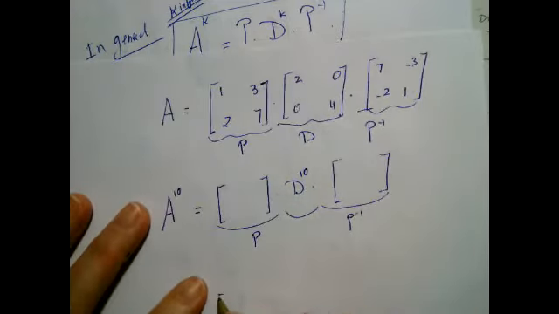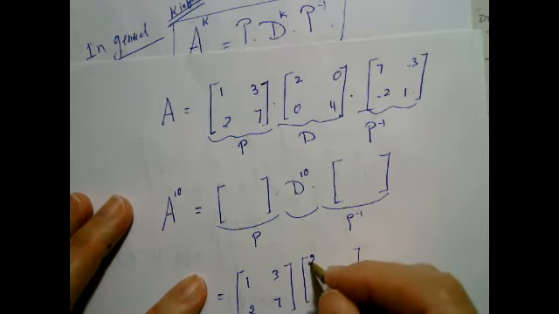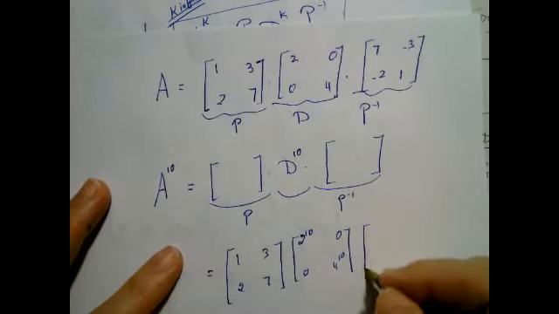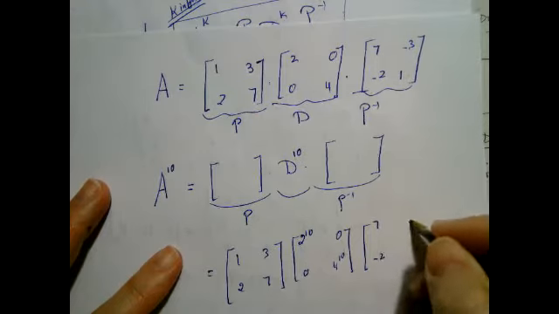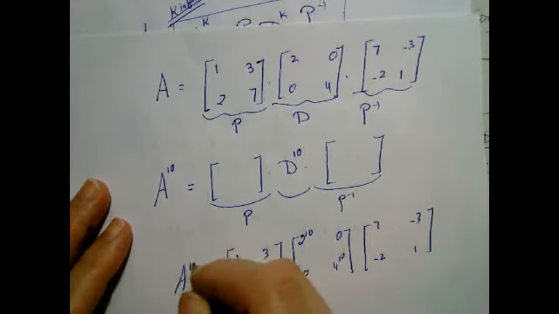Now, D is easy to compute because D is diagonal. So D to the power N, we just raise the elements along the diagonal to the power 10, times P inverse. That's A to the 10.